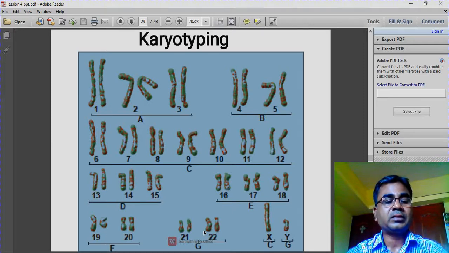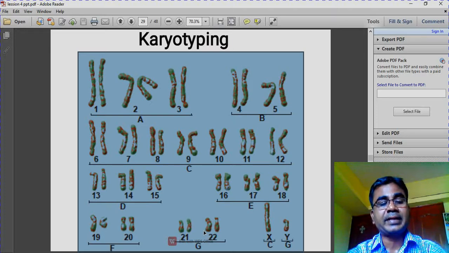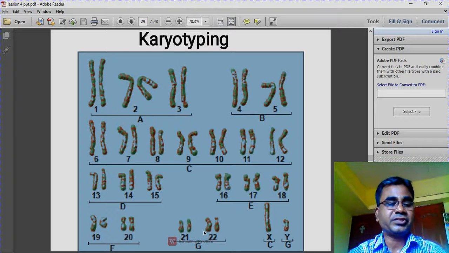When the cells are in the dividing stage, in order to stop the cell division, we add a chemical, colchicine. Colchicine will arrest the cell division. As soon as it is added, the cell division will be stopped at the metaphase stage.